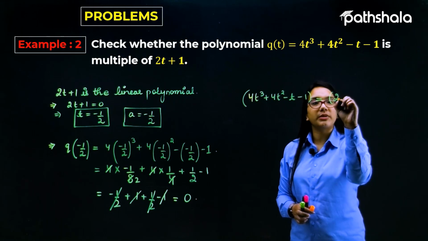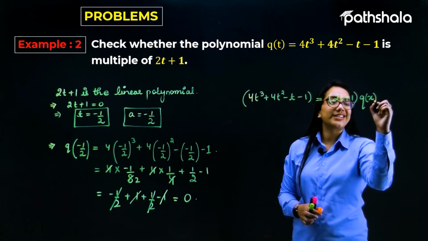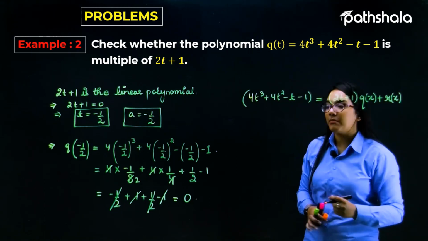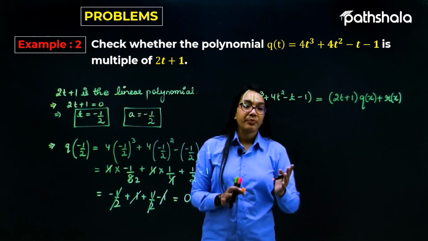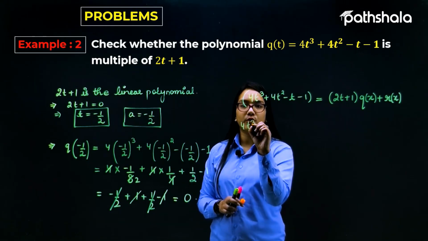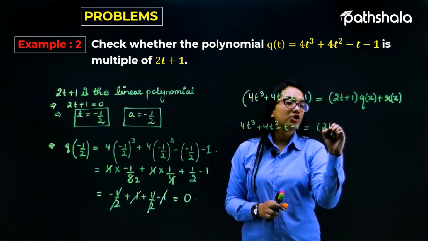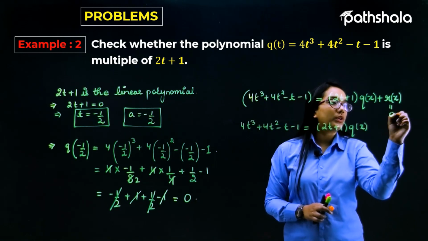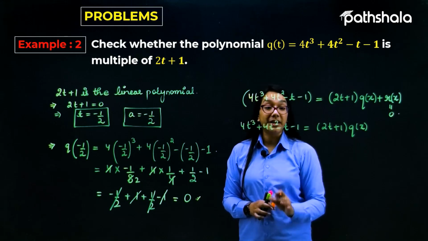Let us suppose I am taking the divisor as 2t plus 1. There should be some quotient. Let us suppose I am taking it as q(x), and the remainder is r(x). And we know that the remainder after dividing these two polynomials is 0. So at the end, 4t cube plus 4t square minus t minus 1 can be written as 2t plus 1 into q(x), where the remainder is equal to 0, because we are getting this result using the remainder theorem.